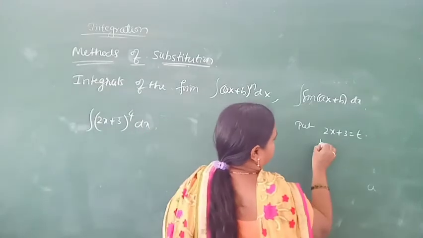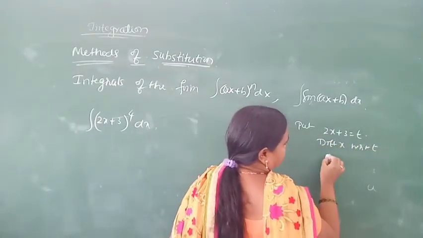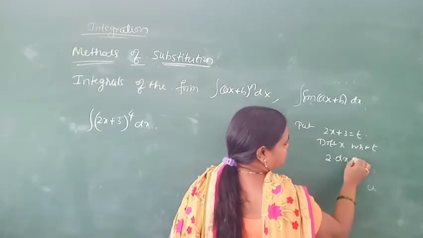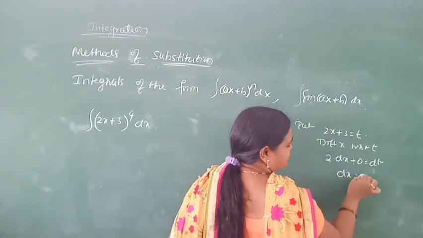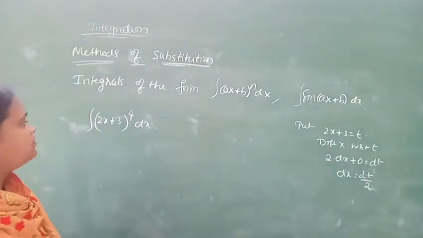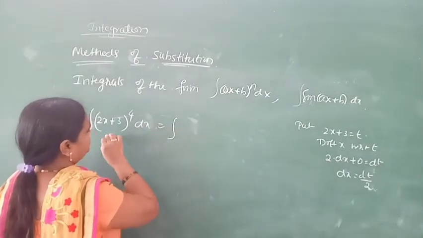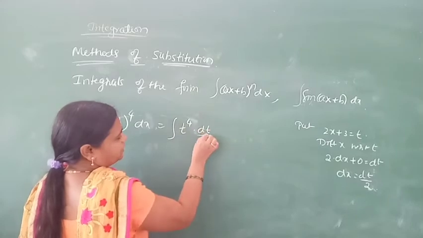And do the differentiation. Differentiate x with respect to t. 2 as it is, x is dx, constant is 0, we get dt. dx is dt by 2. Correct. Therefore, we can write this as integration of, this whole thing is t to the power 4, dx is dt by 2.